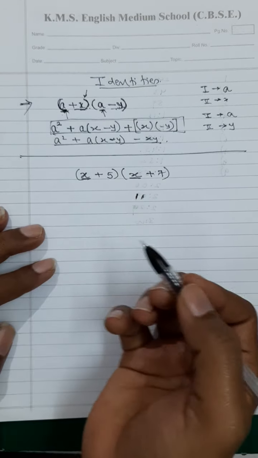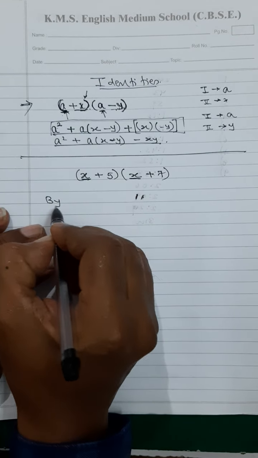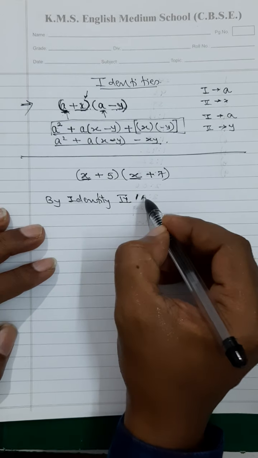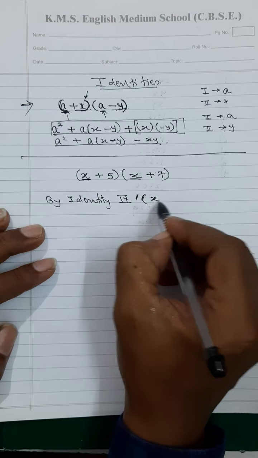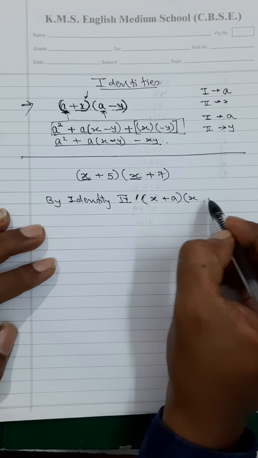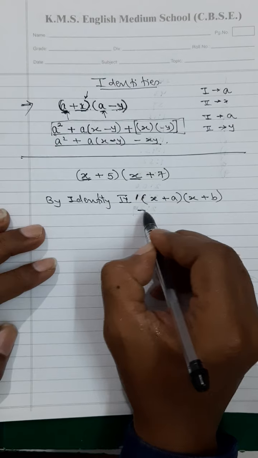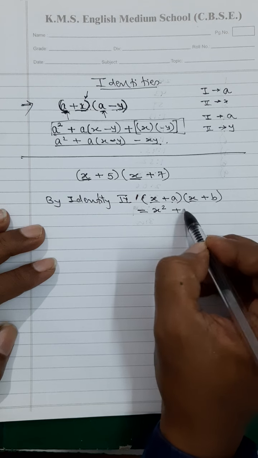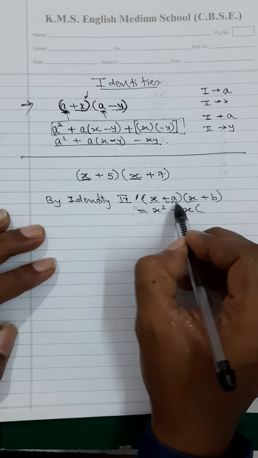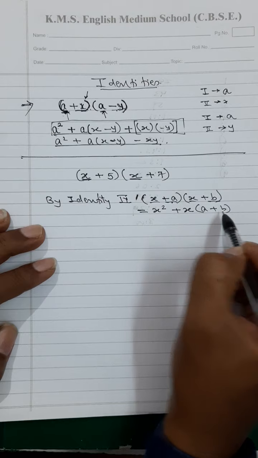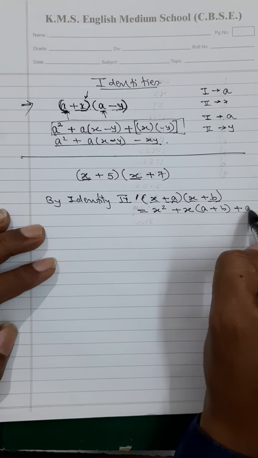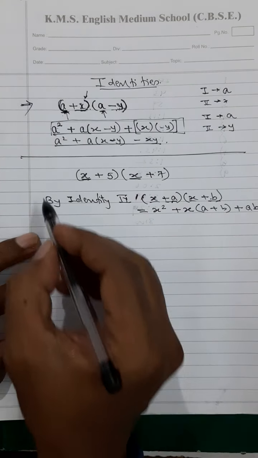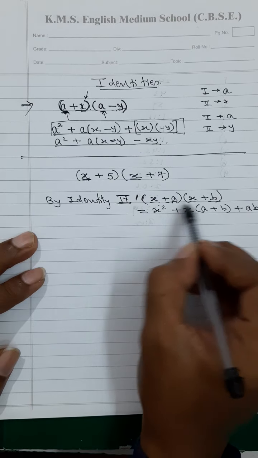By identity 4, you can write like this: x plus a into x plus b will be equal to x square plus, I'll write the first term again, bracket open, a plus b, this you will write with their signs, plus this you will multiply with their signs. This is the identity. Okay, you will be writing this by identity 4.